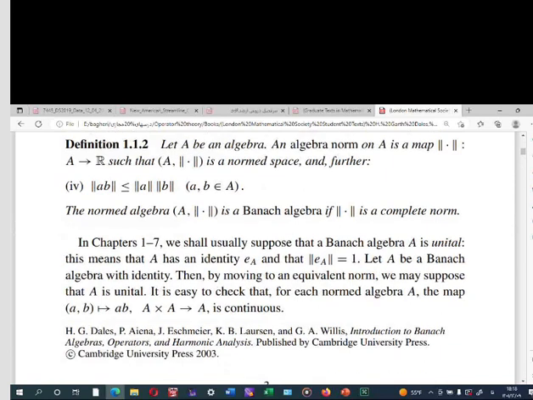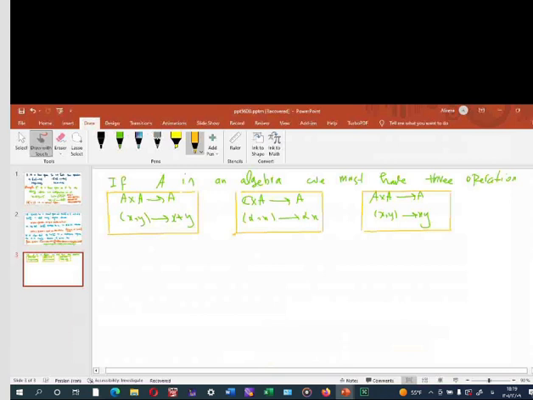And we mentioned that in chapters 1 to 7, we shall usually suppose that a Banach algebra is unital. By this definition, this means that A has an identity such as e_A. This is the identity element of algebra A. So for example, for any a in A, e_A a equals a e_A, and this is equal to a.